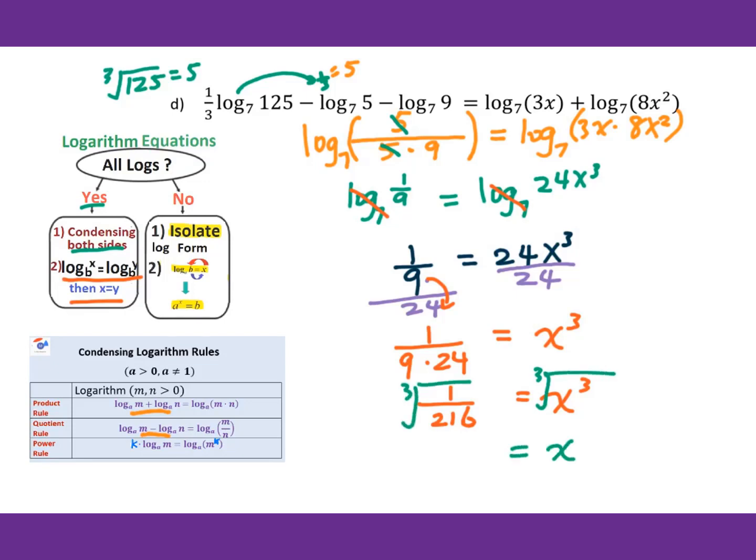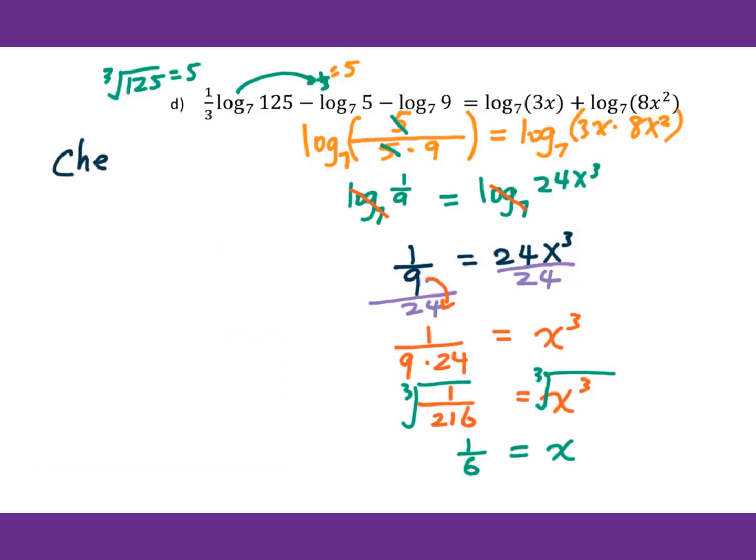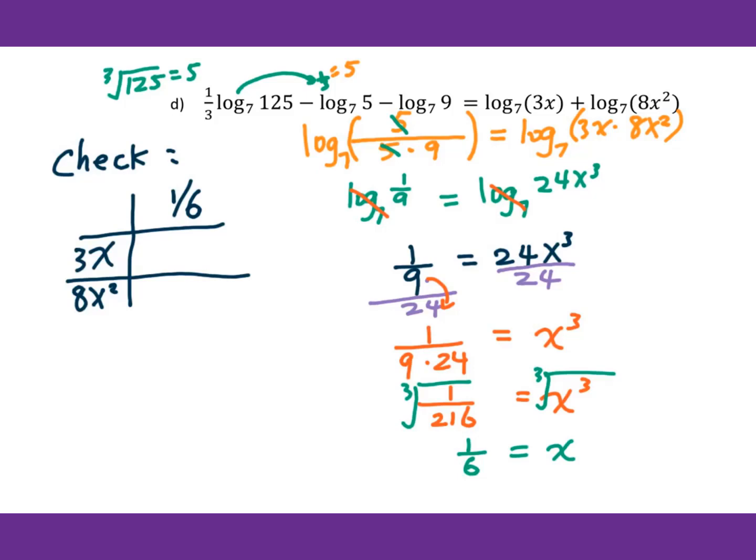Then you get x equals 1 over 6. You need to check for extraneous solutions. For the arguments in this equation, we have 3x and 8x squared. We plug in 1 over 6. Make sure the argument is positive. If positive, we put a check. 8x squared is check 2. Therefore, x equals 1 over 6 is the solution to this D.